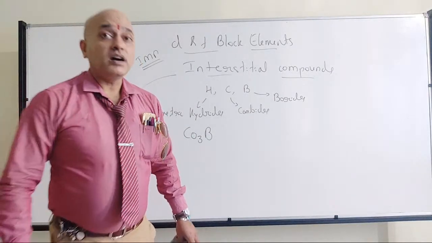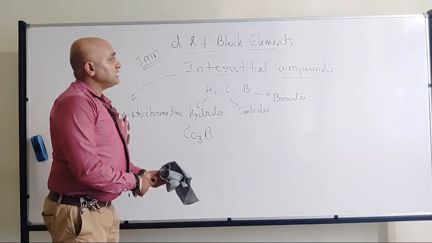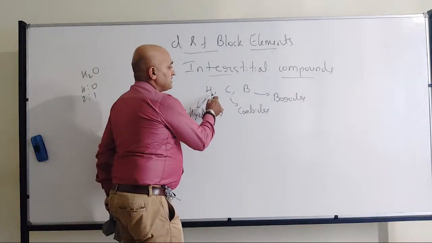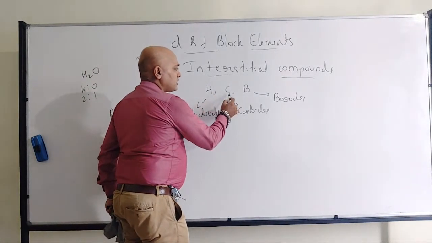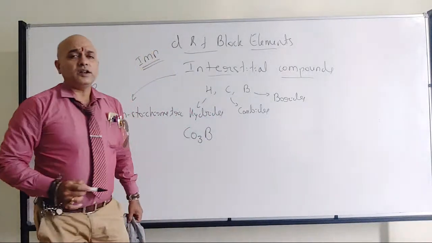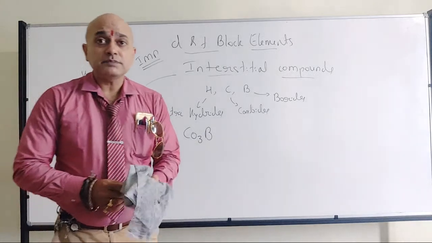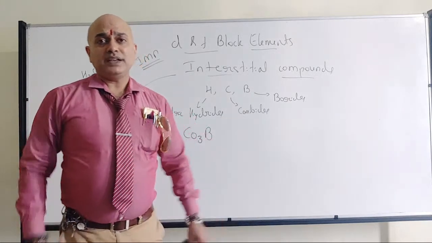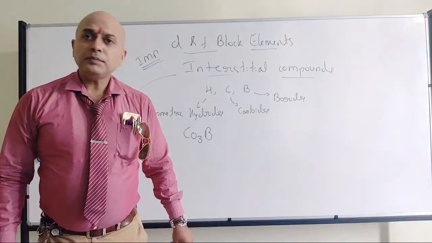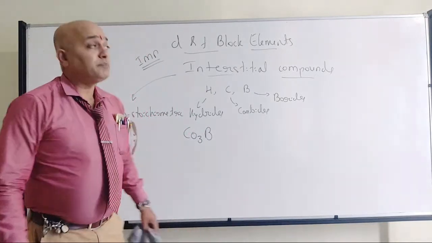That is because when I am talking about this interstitial compound, these elements, hydrogen or carbon or boron, are not making any bonding with the transition elements. They are just present in between the space. Got my point? So that is the major point here.